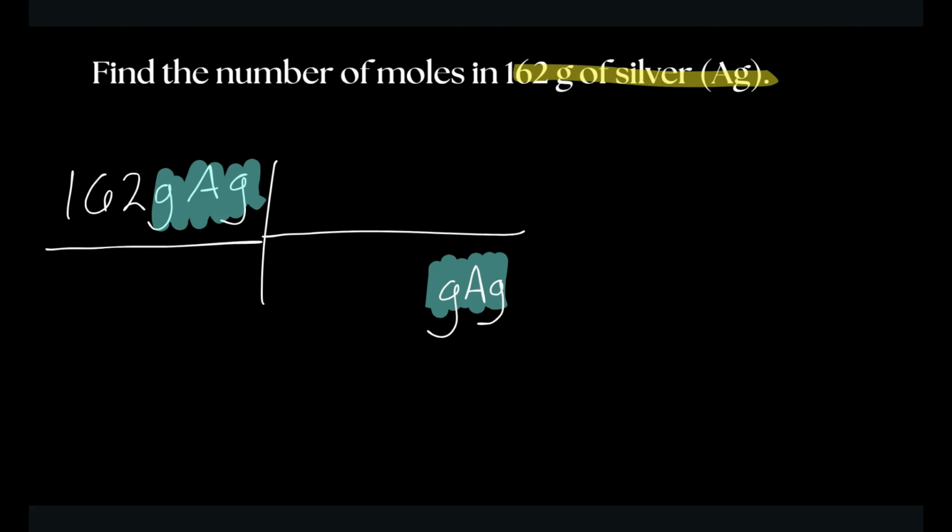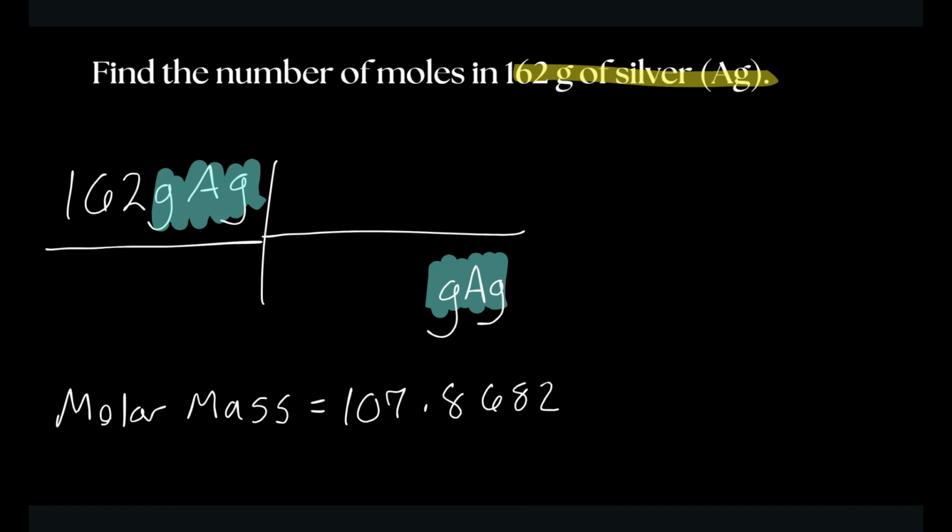So the molar mass of our silver is 107.8682 grams of our silver. This number that we get from the periodic table is going to go into this spot.